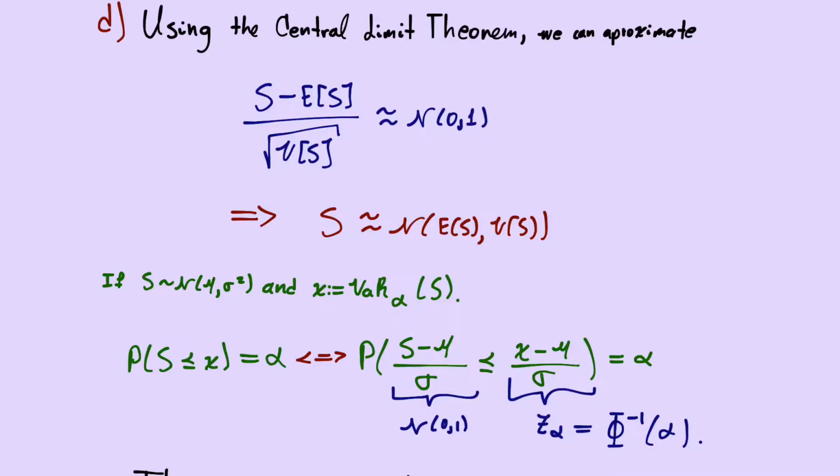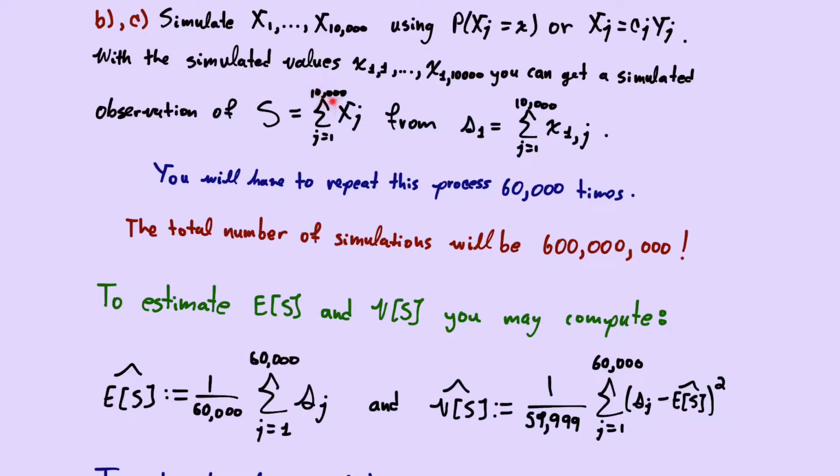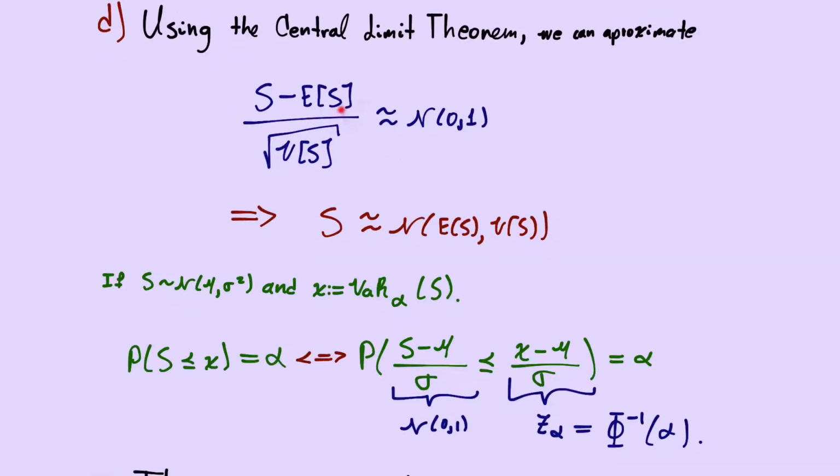In this case, we have n equal to 10,000. That is a big number, but that is not infinity. So we cannot say that this is exactly a normal random variable, but it would be very similar. The distribution of this random variable would be very similar to a standard normal, a normal distribution with mean 0 and variance 1.